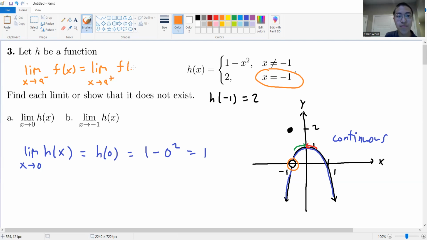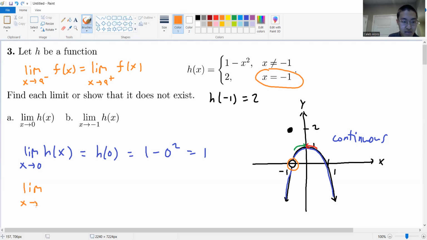You need to approach it from both directions and reach the same exact limiting value. And so we can apply that here. In order to show that this limit exists, we need to show that even though it's not continuous, if I'm approaching it from the left versus from the right, I'm still approaching the same exact thing.